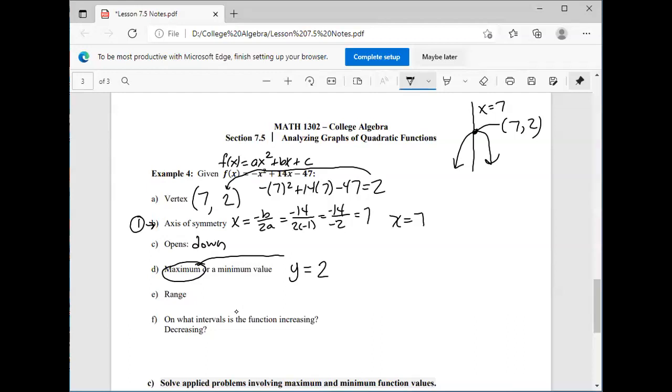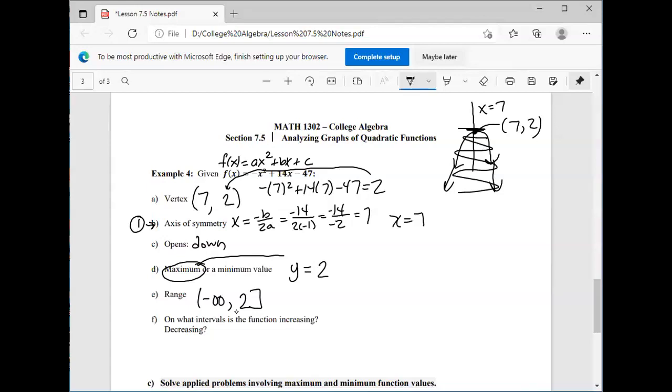What about my range? If we start at the bottom and we go up on this graph, I mean, this is going to go down forever, right? So my range would be from negative infinity all the way up to, what is y right there? Doesn't get any higher than 2. Okay. We talk about on what intervals this function is increasing.